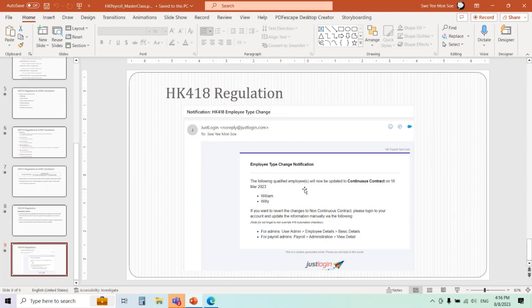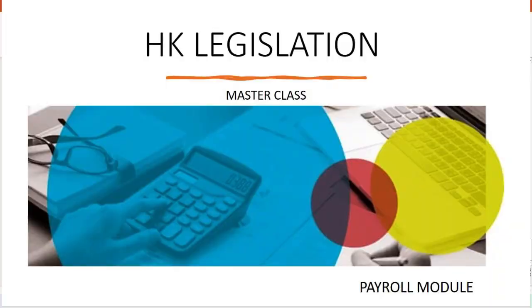So here, this is the report form, the email template format. The following qualified employees are now updated to continuous contract on 18 March. This is the list. And then if the admin decides this William should stay non-continuous contract, the admin can go back to the user admin or employee page and change back to non-continuous contract.